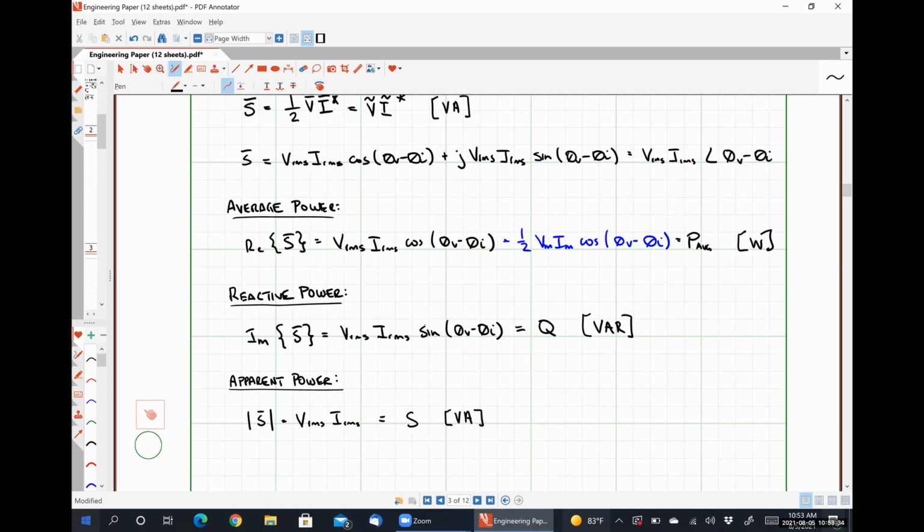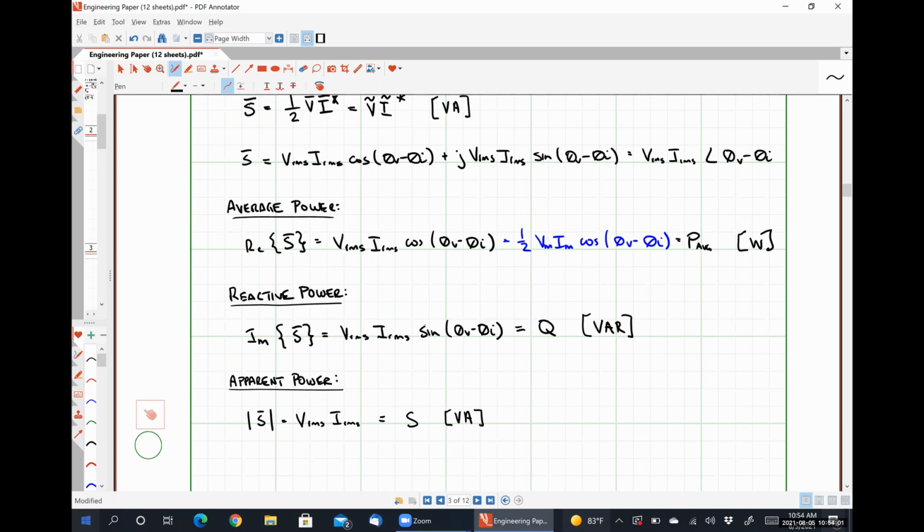That's also a very common thing that you'll see when you're trying to size a generator. It will give you two figures of merit. It'll give you the apparent power that can be supplied by the generator and the average power that can be supplied by the generator. So what apparent power really is, it's kind of a worst case scenario for the amount of power that might be consumed by a given load.